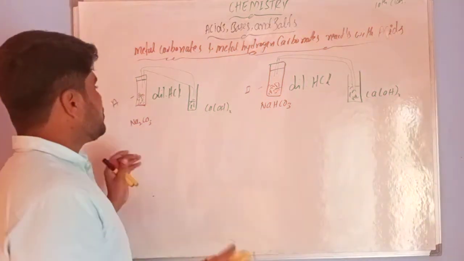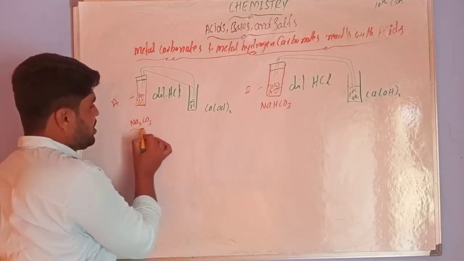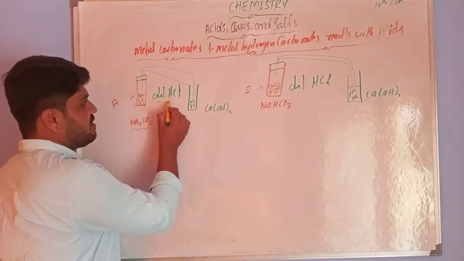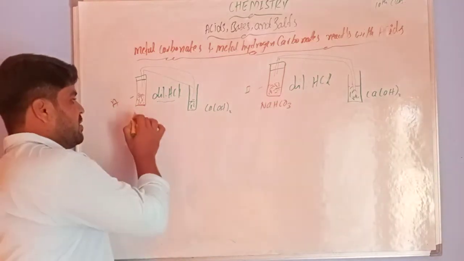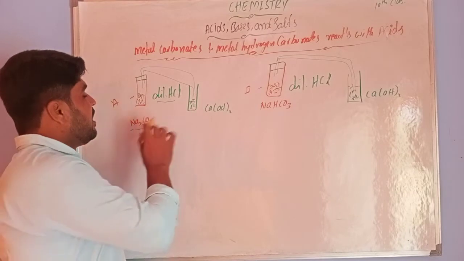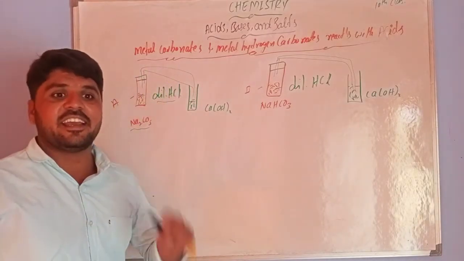Sodium carbonate and sodium bicarbonate react with dilute HCl. After this reaction, it produces carbon dioxide gas.